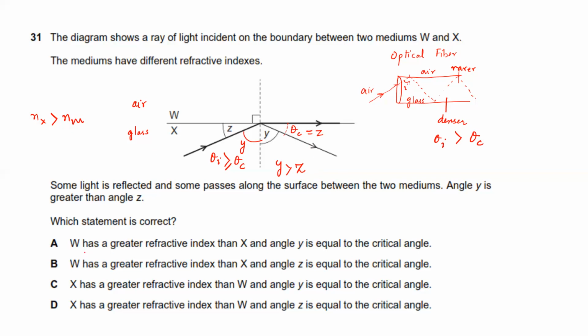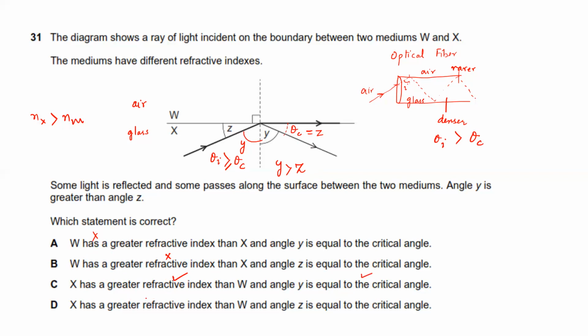So let's see which option is correct. W has greater refractive index than X? No. X has greater refractive index than W, yes. And angle Y is equal to the critical angle. The angle of incidence should be greater than or equal to theta C. Yes, this looks good.